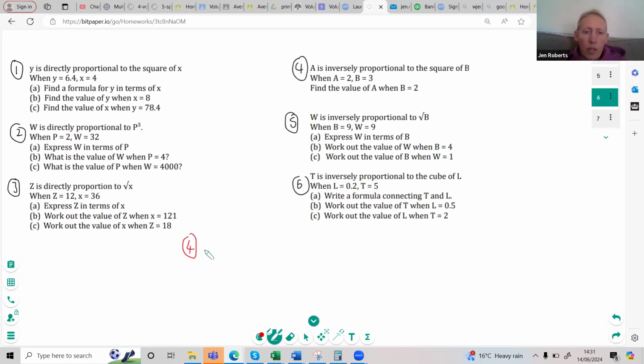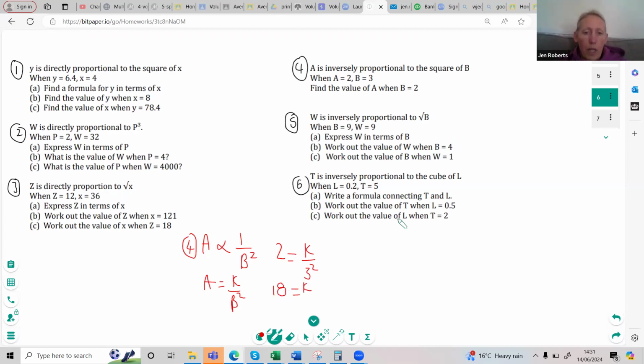Question 4. A is inversely proportional to b squared. Square of b means b squared. A equals k over b squared. When a is 2, b is 3. 3 squared is 9, times both sides by 9. So k equals 18.